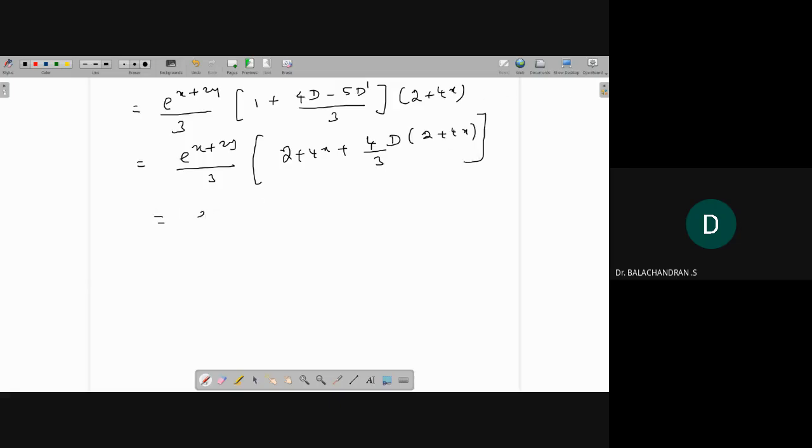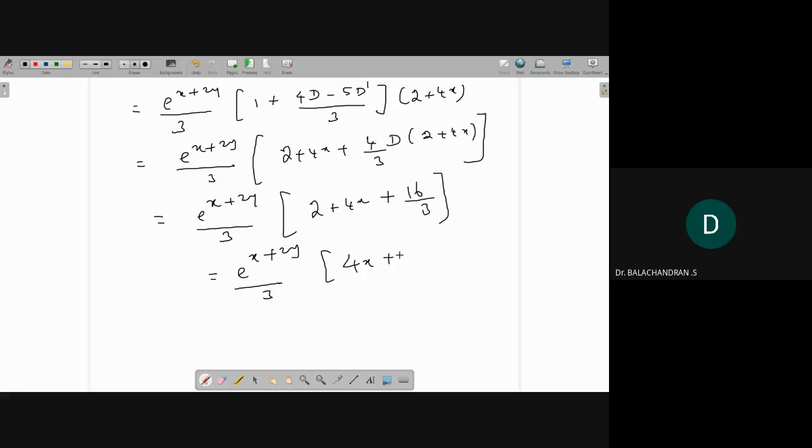So this is equal to e power x plus 2y by 3 into 2 plus 4x. If we differentiate this, you'll get this is 0, this is 4. So 4 into 4, 16 by 3. You get e power x plus 2y by 3 into 4x plus, we take 3 as LCM, so 6 plus 16, 22 divided by 3.